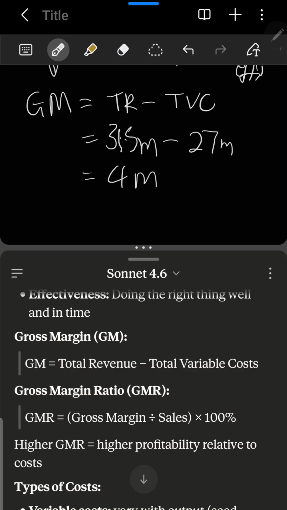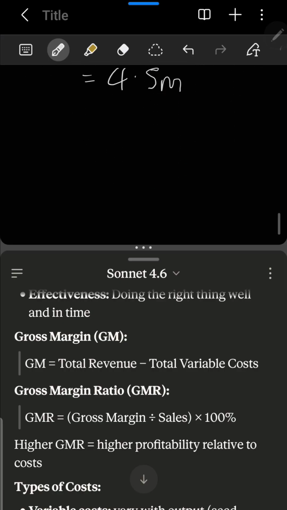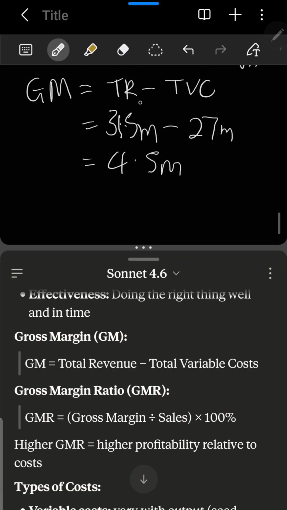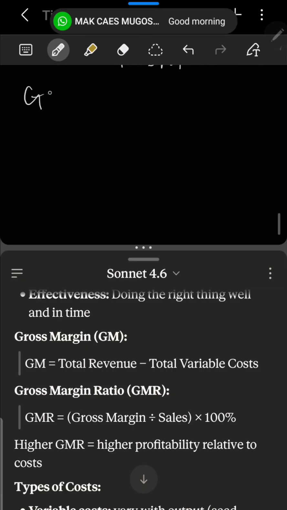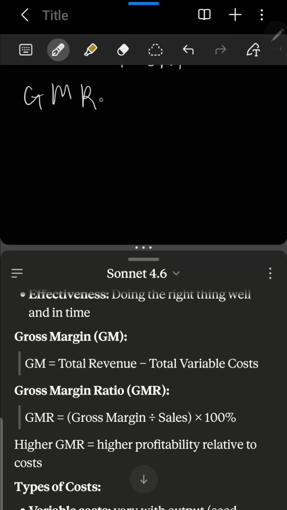Is that right? 4.5. Sorry, you're right. 4.5 million. Now, that is gross margin. We have said gross margin is simply total revenue minus total variable cost. Now, what is gross margin ratio?